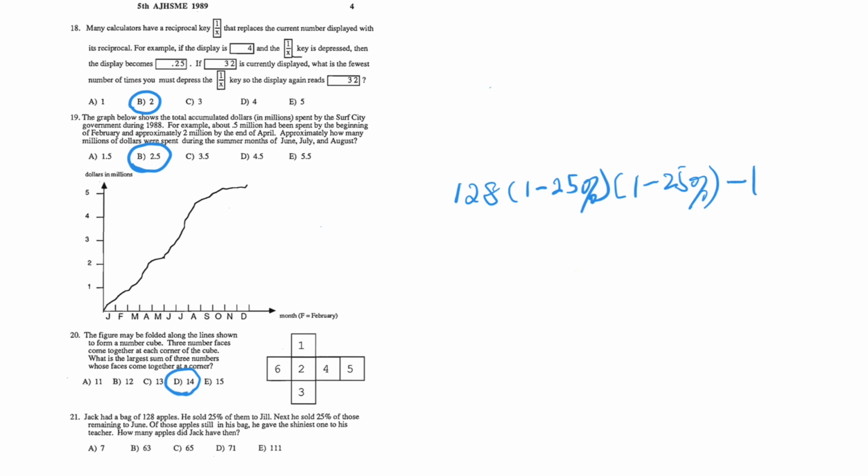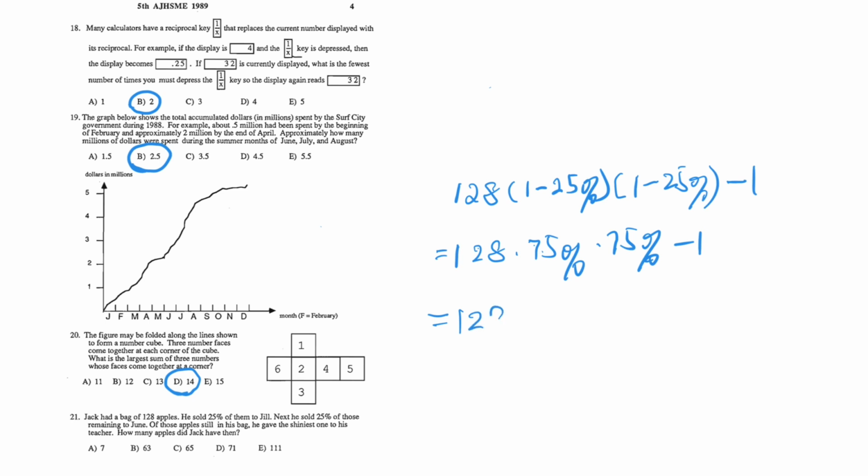That's the apples Jack still has. That equals 128 times 75% times 75% minus 1.